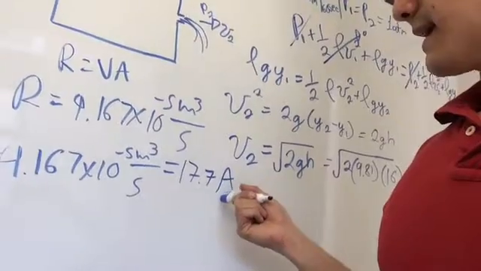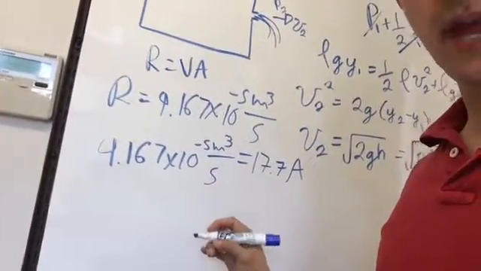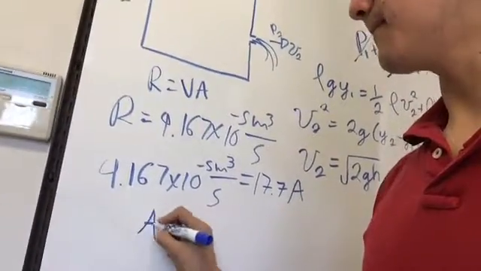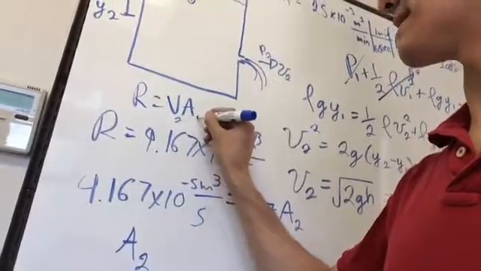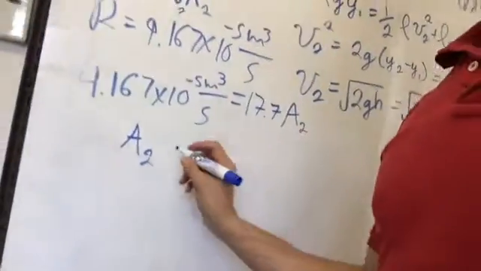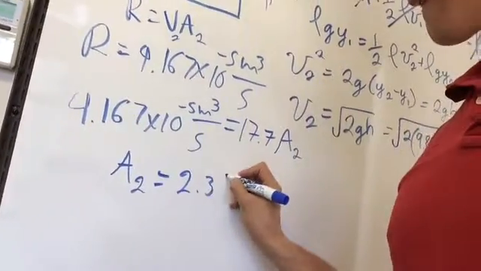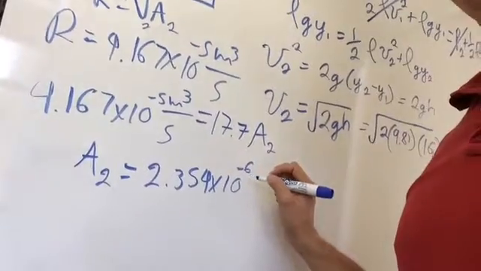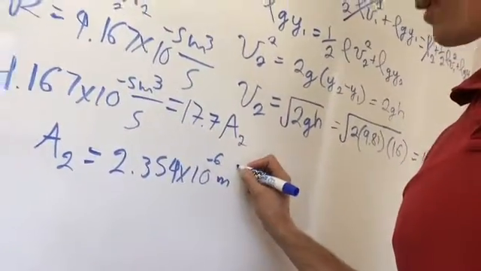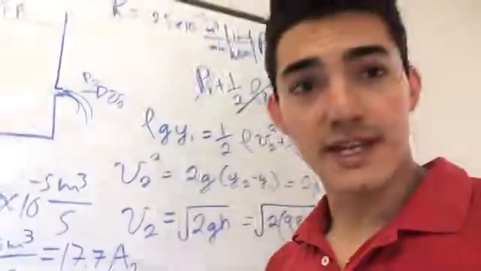Solving for the area, which is area 2 because this is velocity 2, area 2 is 2.354 times 10 to the minus 6 meters squared.